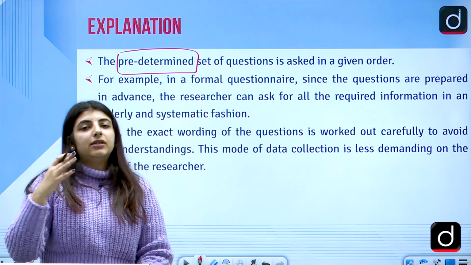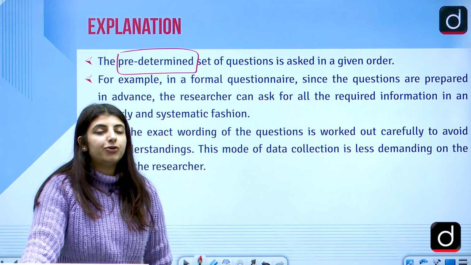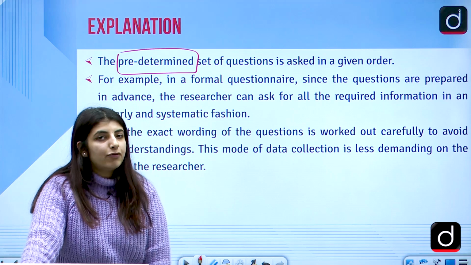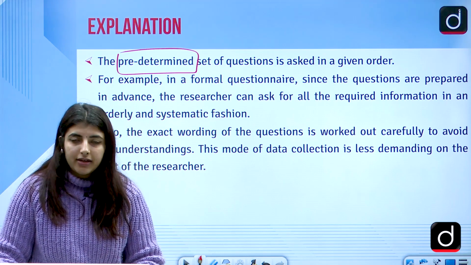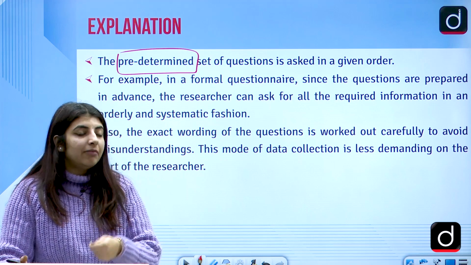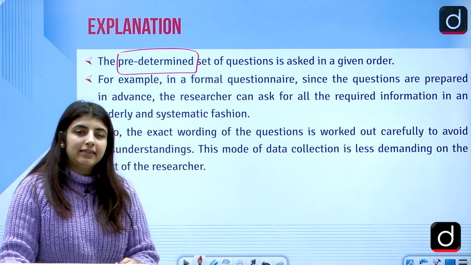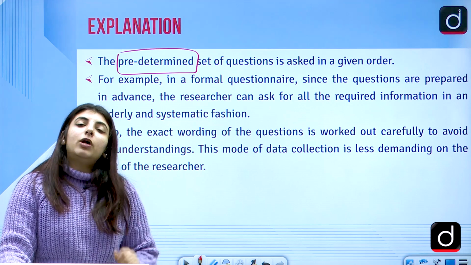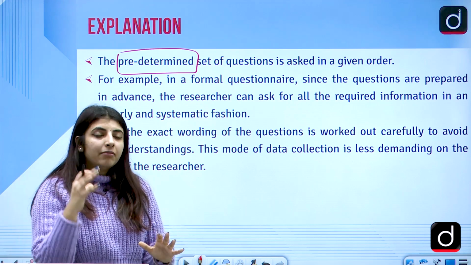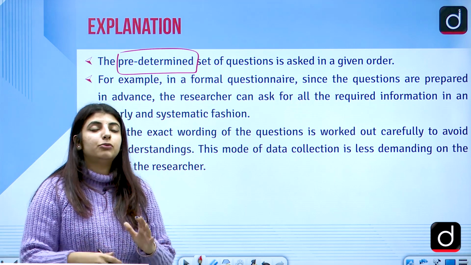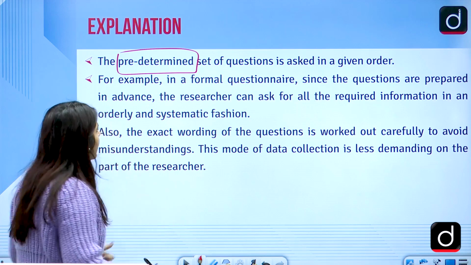If I ask you certain questions in a chronological manner and I ask the same set of questions to other people, or let's say I have formed a survey that contains 10 to 15 questions, and I distribute the same set of questions to every participant in my research, what will happen? They all will have the same predetermined questions, and they are supposed to answer those questions. Hence it is structured in nature, correct?